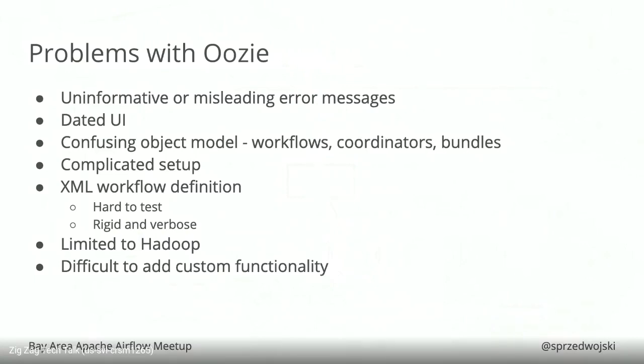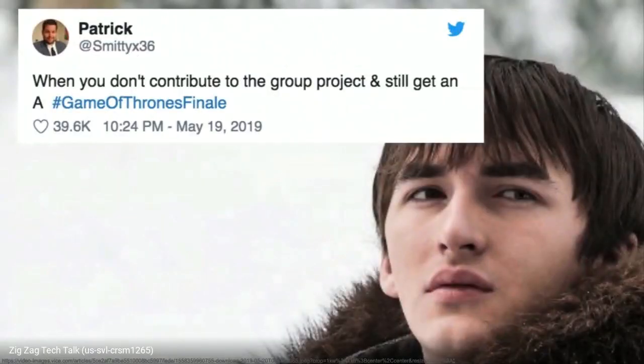And the setup is pretty complex, as we also experienced when we set it up to do some system tests. And the XML workflow definition makes it hard to test, and it's rigid and verbose. The tool is limited to Hadoop, and it's pretty difficult to add custom functionality. So given all that, is Oozie as bad as the last season of Game of Thrones?